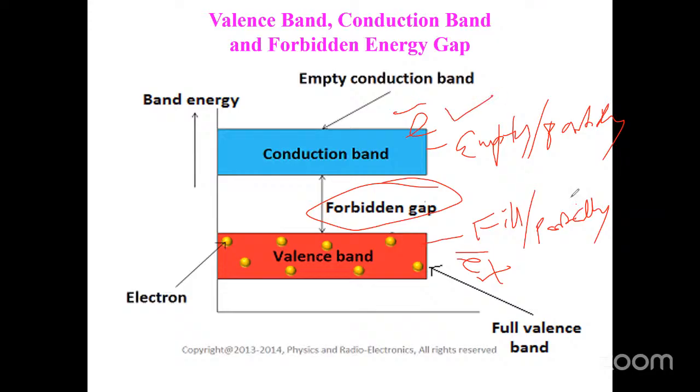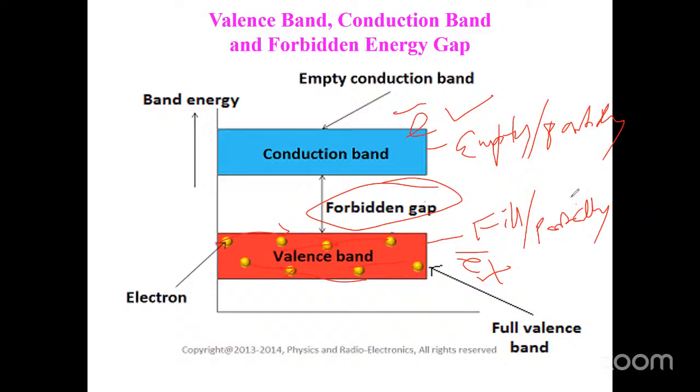So there is a covalent bond between the electrons in the valence band. By thermal agitation, meaning by increasing the temperature, the covalent bond between the electrons in the valence band may be broken.